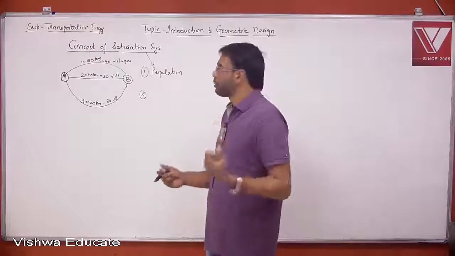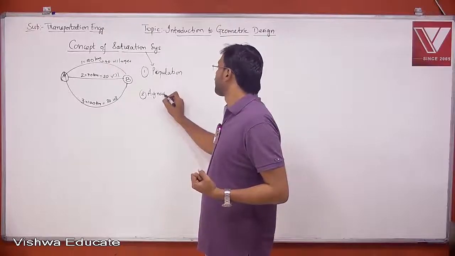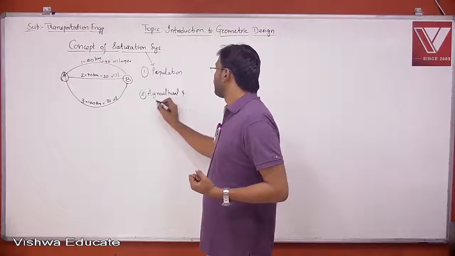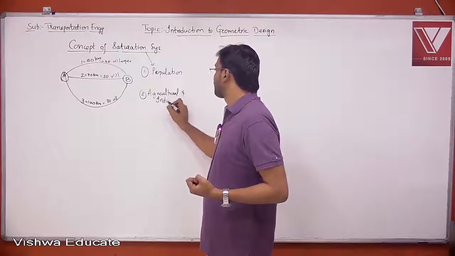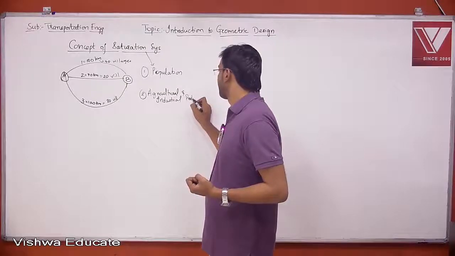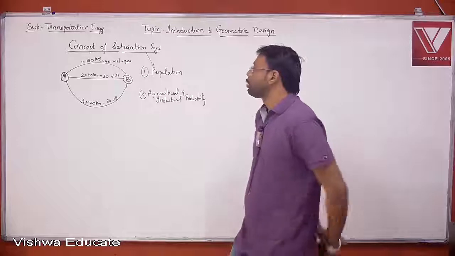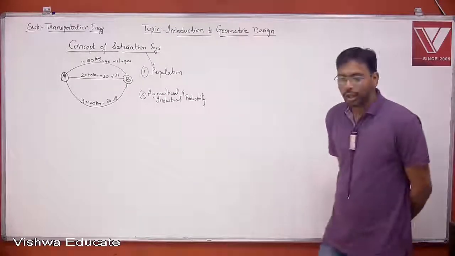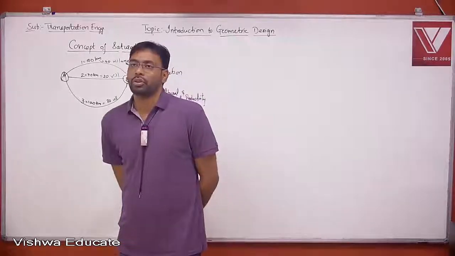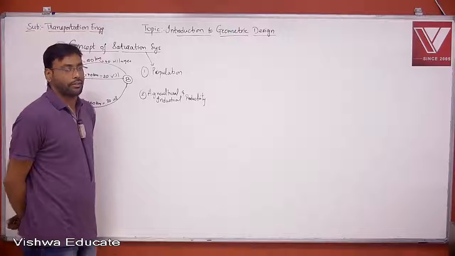So agricultural and industrial productivity, these two are the happenings that will be there in the village. And if you construct a road, these two elements will be the major criteria for it.